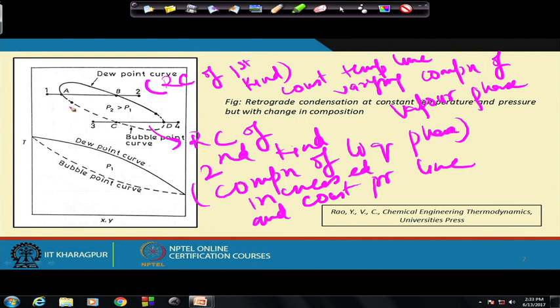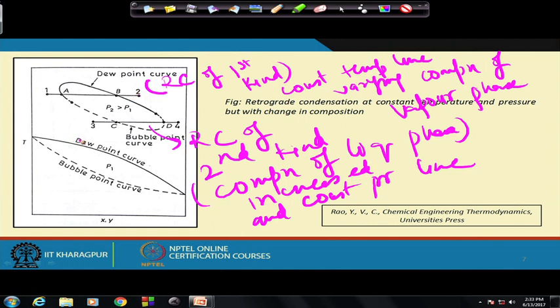The first kind could be demonstrated when we were traversing a horizontal path along 1, 2. In this case, the condensation was achieved by varying the vapor phase, and we were traversing the constant temperature line. And also, the line crossed the dew point twice and the bubble point never.